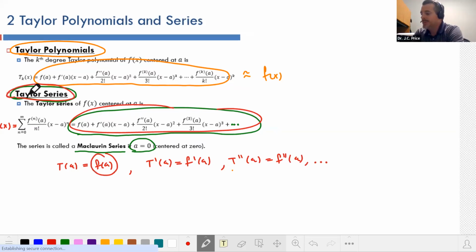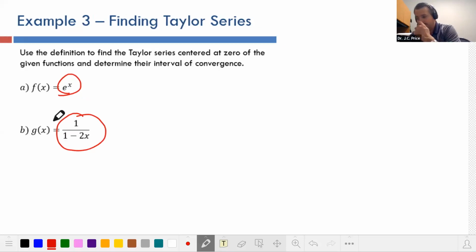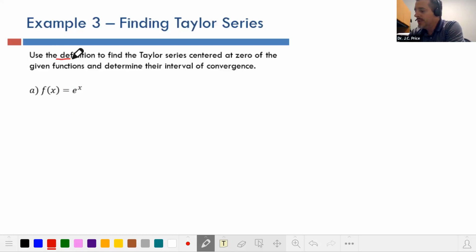So let's just take a look at some examples here. We're going to do two examples today. We're going to find the Taylor series of e to the x and find the Taylor series of 1 divided by 1 minus 2x. So let's go to the first one. We're going to use the definition of a Taylor series, and we're going to center it at 0. So we're going to find most of our Taylor series centered at 0, and then I'm going to show you a little algebra trick that you can use often to find the Taylor series centered at any number.